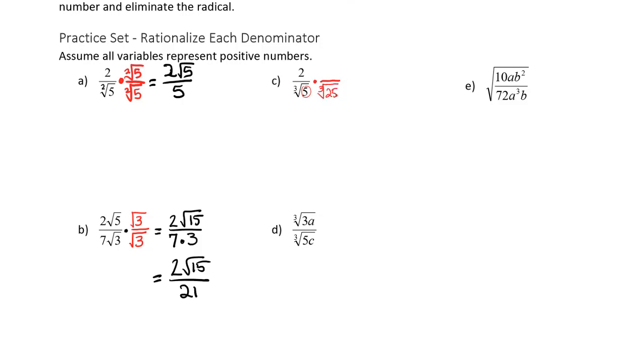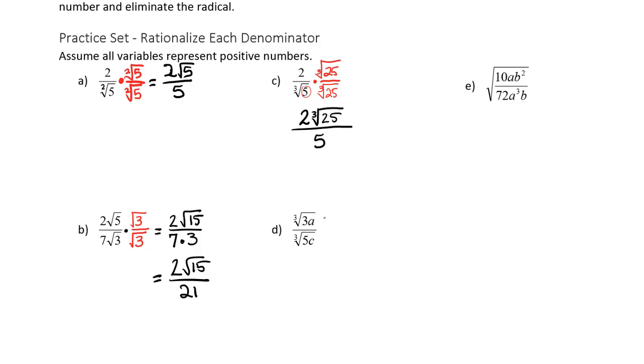Because now 5 times 25 will give us 125, and 125 is equal to 5 cubed. So it is now a perfect cube. Whatever we multiply in the denominator, we also have to multiply in the numerator. And since we have a perfect cube now, the radical, the cube root part, will go away, and we'll be left with 2 cube root of 25 all over 5. And that does not reduce.